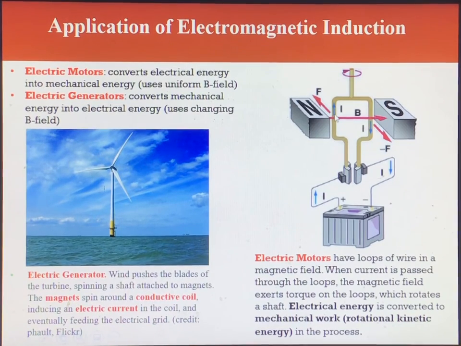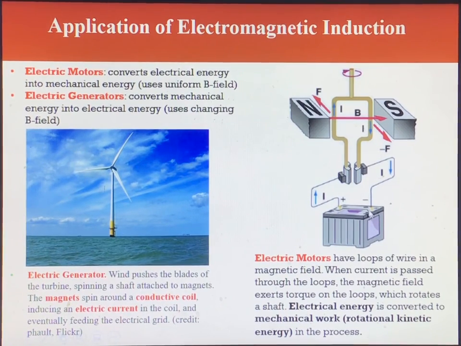One force is applied to the left portion of the loop, the other to the right portion. These two forces are going to generate a torque that causes this loop to rotate in a clockwise direction.